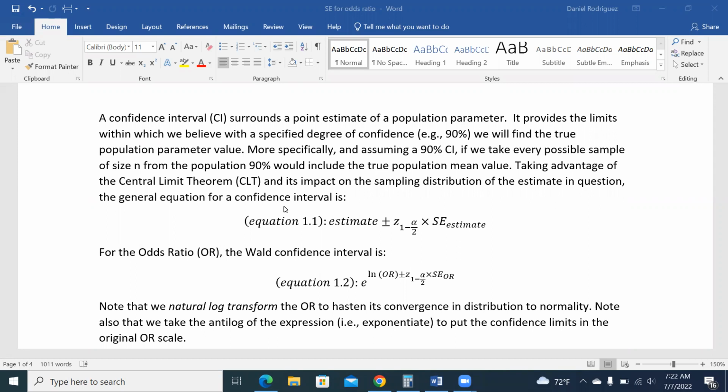If we take the sample means from a whole bunch of samples of size n, and we plot the distribution of the sample means for all those possible samples, the mean of all those sample means will be the population mean.